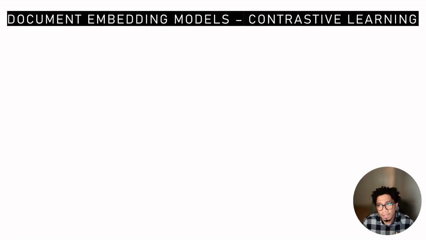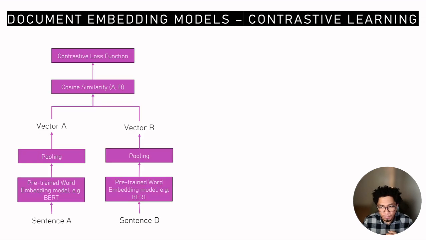So what do you do then? Some papers, so you might have heard of sentence BERT, or even that paper that we just saw right now. They use something called contrastive learning. And what that is, you have a word embedding model. So it's a pre-trained word embedding model, like a BERT model.